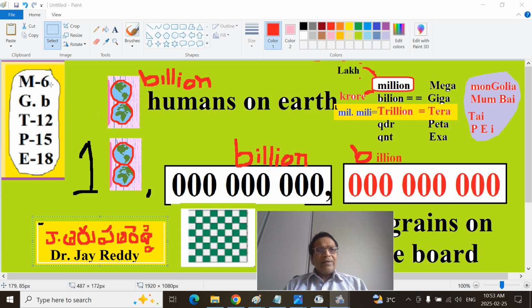Then peta and exa are 15 and 18. One easy way to remember is the mnemonic of countries and places: Mongolia for mega and giga, Mumbai for million and billion, and Taiwan, Taipei for tera, peta and exa.